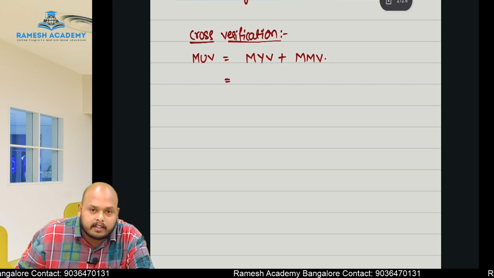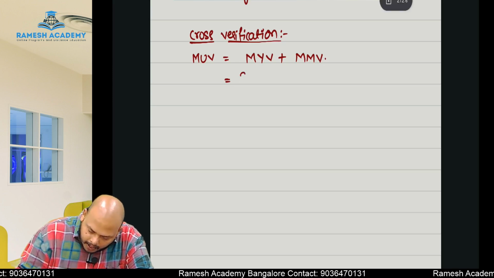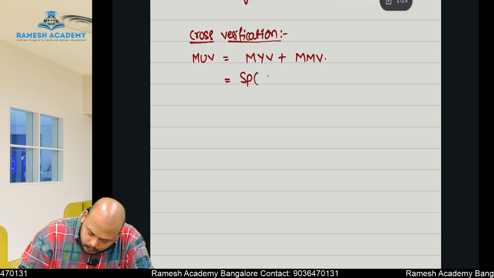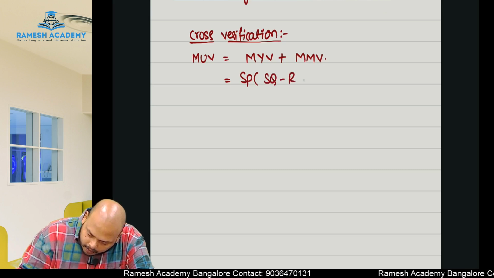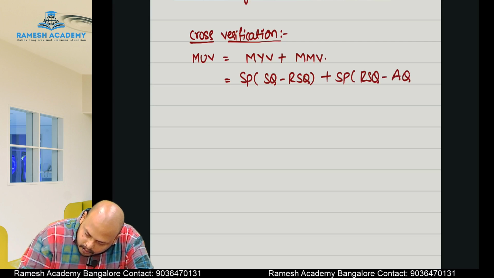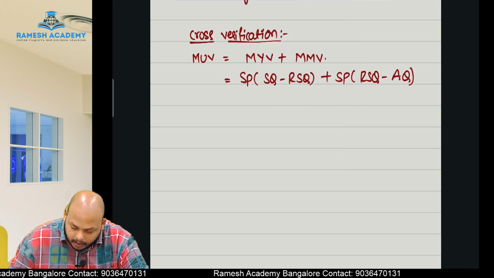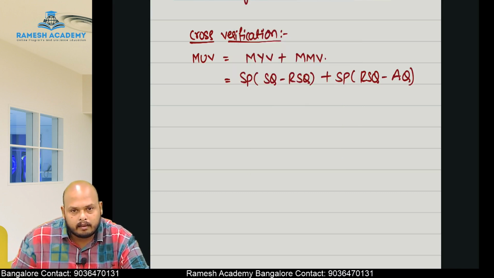So yield variance is standard price into standard quantity minus revised standard quantity, plus mix variance, which is standard price into revised standard quantity minus actual quantity. This is the formula, right? Material yield variance plus material mix variance.